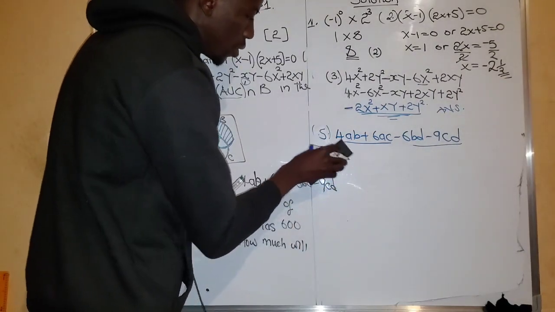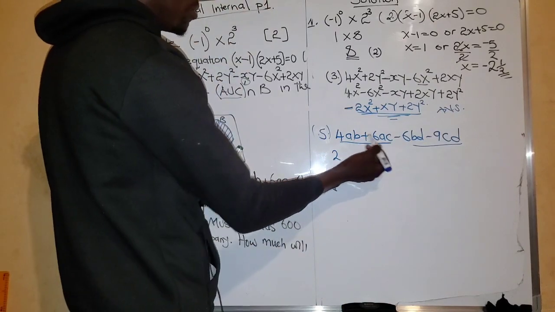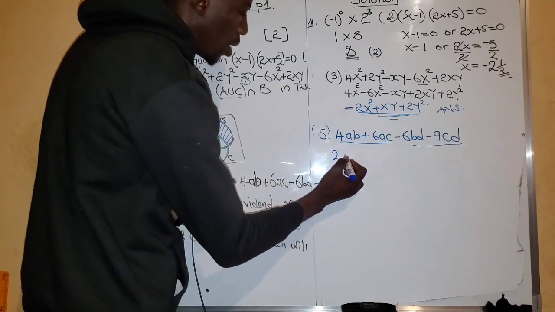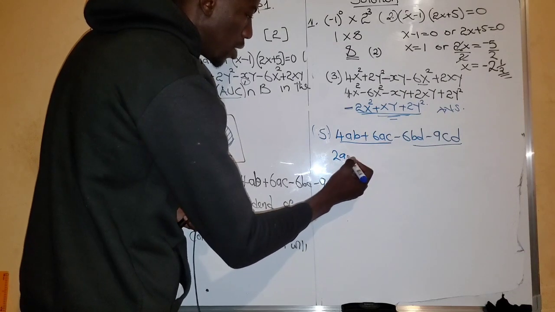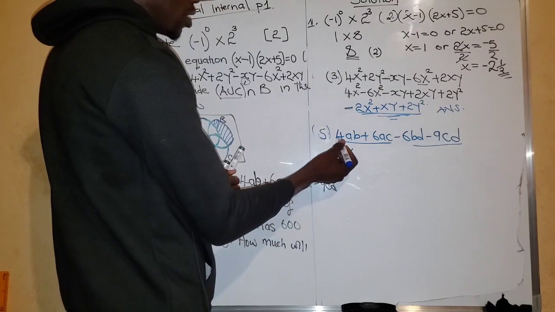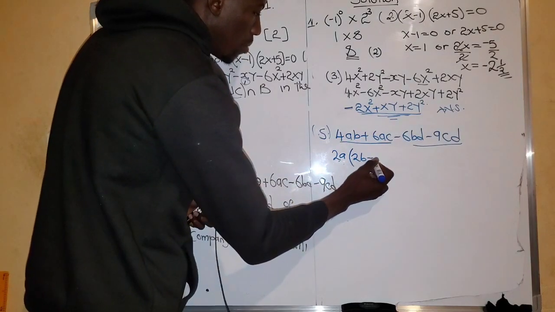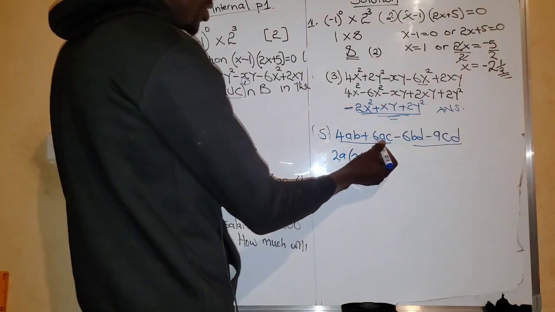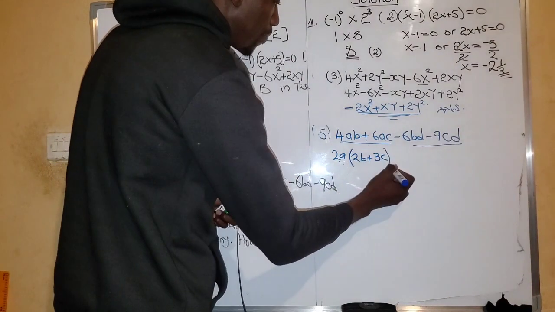Then we look at the common variables. We have A. Do you have any other letter? No. So 2a into 4ab, we are going to remain with the 2b plus 2a into 6ac, we are going to remain with 3c.